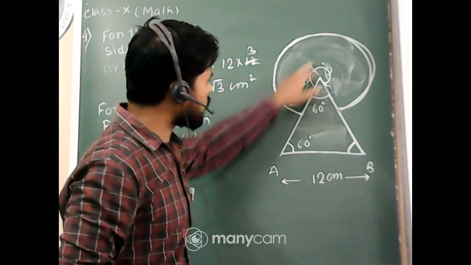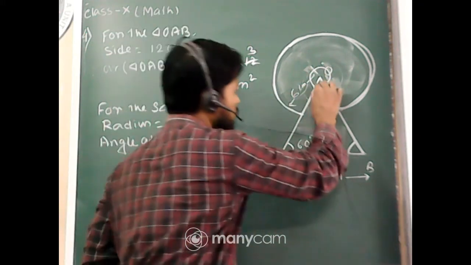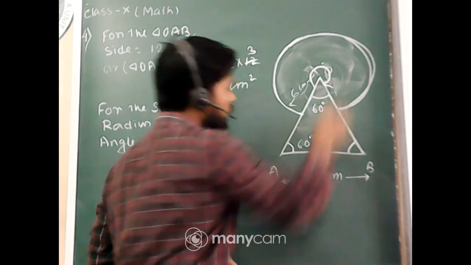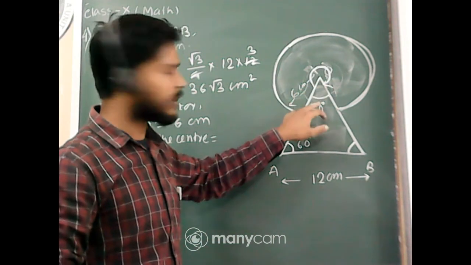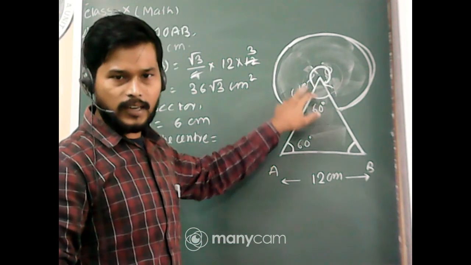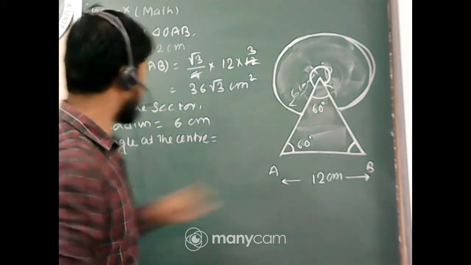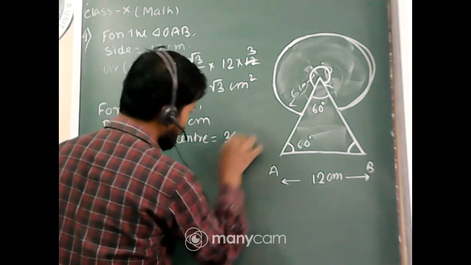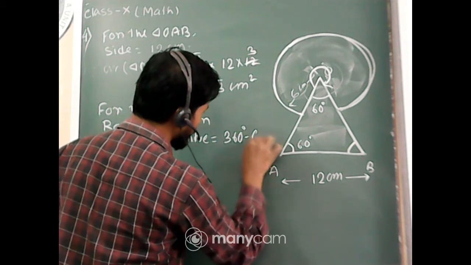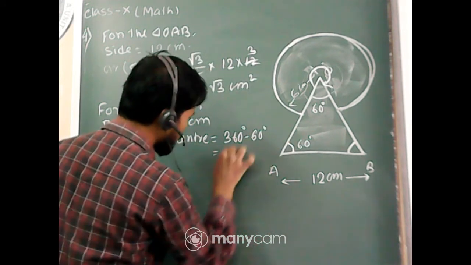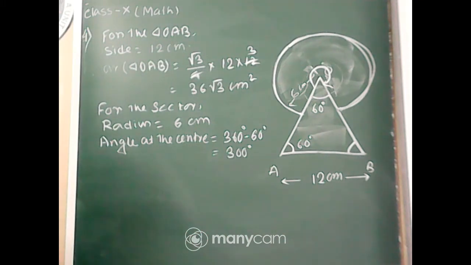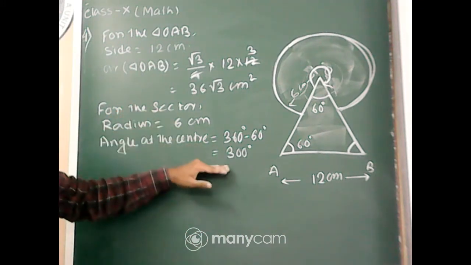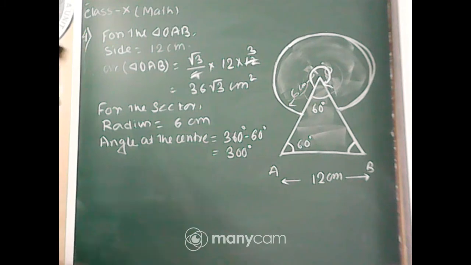So the measurement of this reflex angle will be 360 minus 60. So the central angle will be 360 degree minus 60 degree. So that will be 300 degree. So radius is known, central angle is known, just find the area.